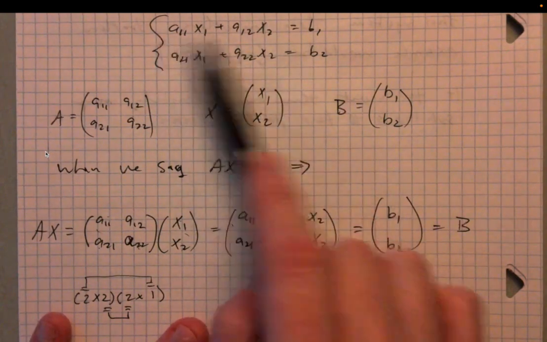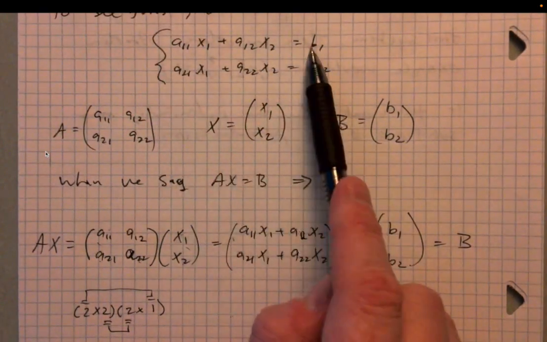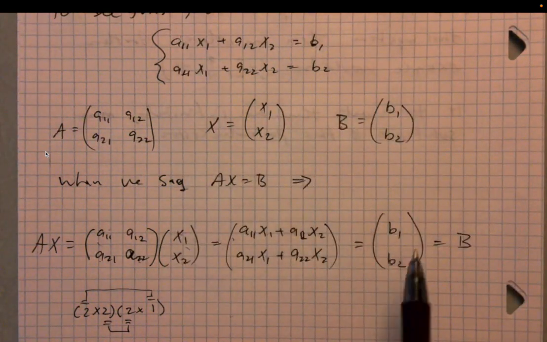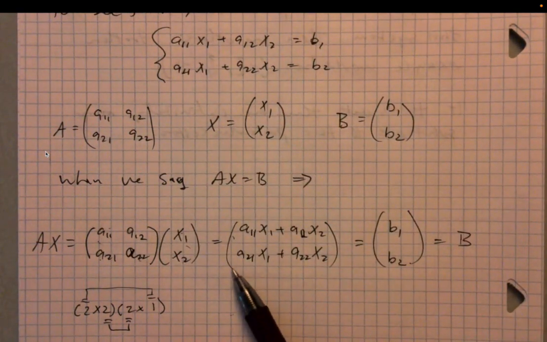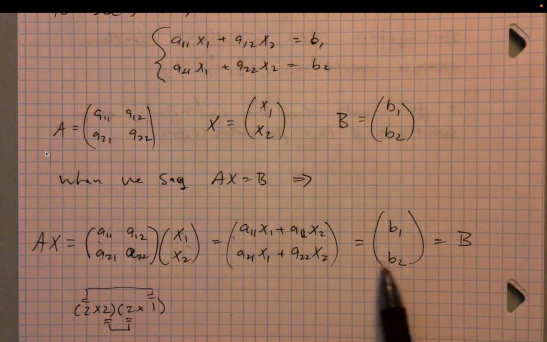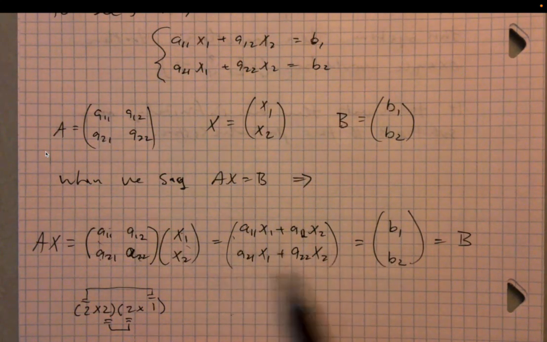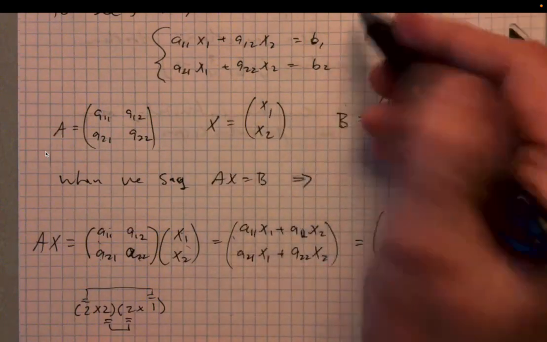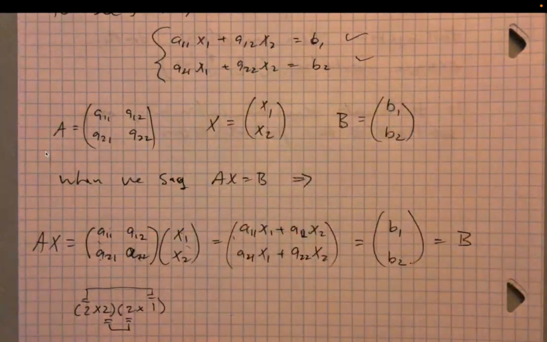Well, that's just the first equation in the system, isn't it? And then we're saying that the A21 entry is equal to B2, right? And that's just going to be this guy, A21 x1 plus A22 x2 equals B2, and that's just the second equation in the system.